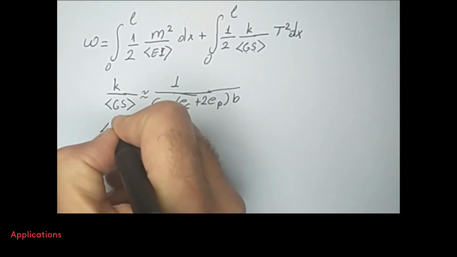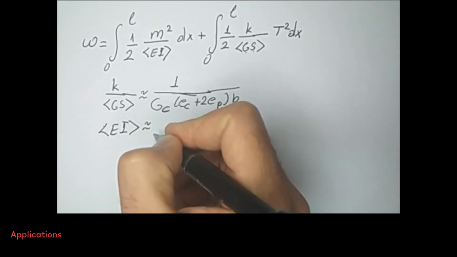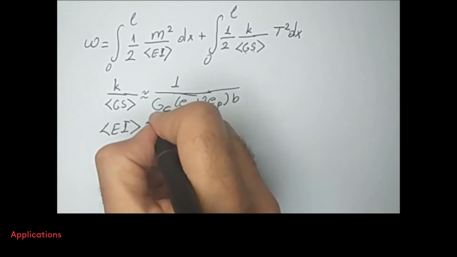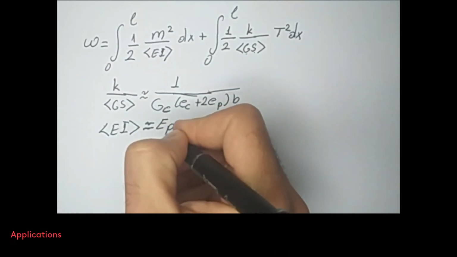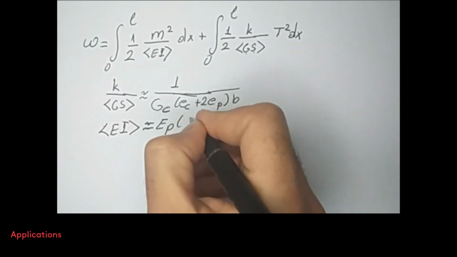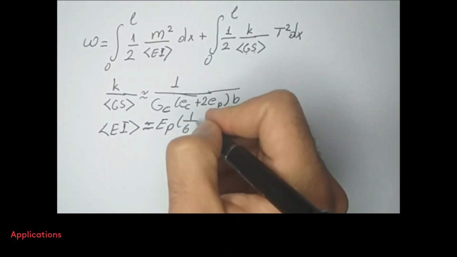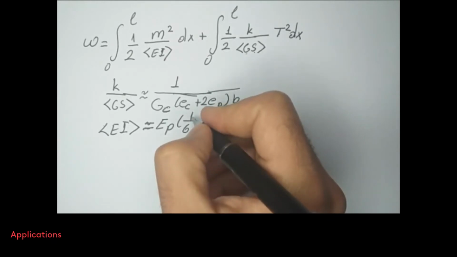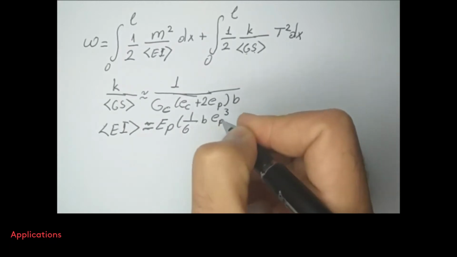Or let's write the exact value. Young modulus of the plate multiplied by 1 over 6 B EP cube, 1 over 6 because we have two plates, right? The one is the upper plate, the other one is the lower plate.